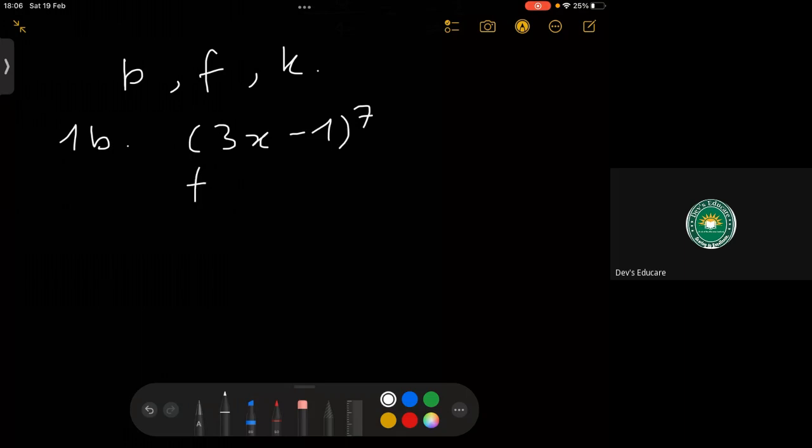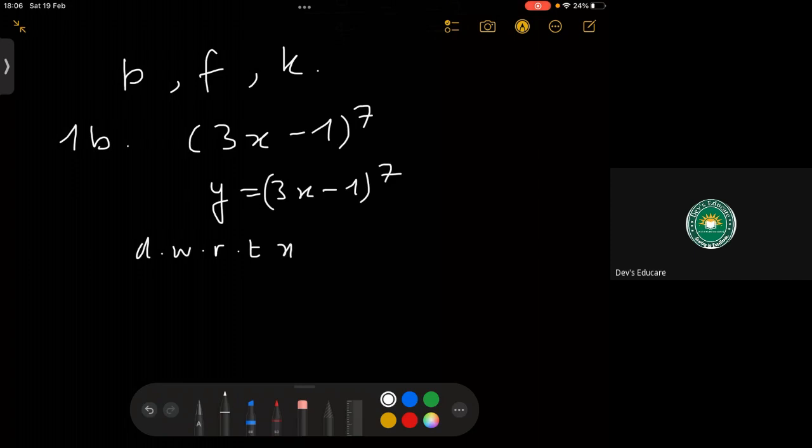Any one of them. y equals (3x minus 1) to the power 7. Differentiating with respect to x, dy over dx.